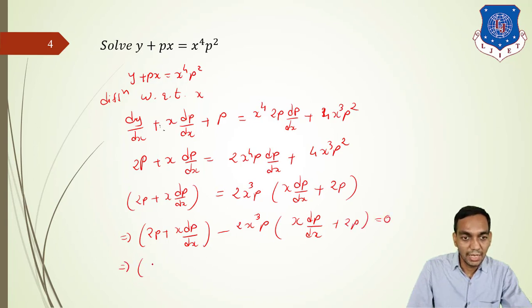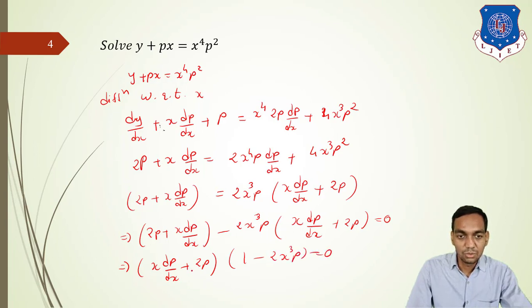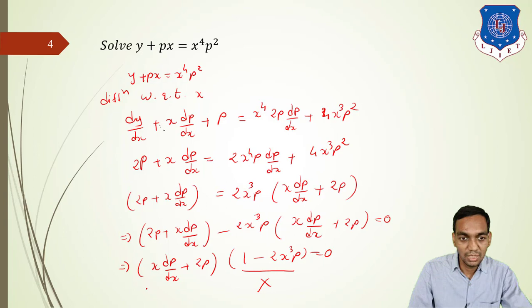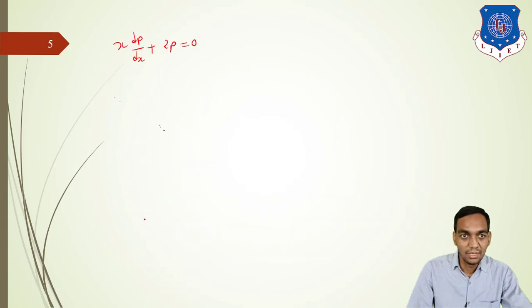So x dp by dx plus 2p into 1 minus 2x cube p is equal to 0. So here you have two factors, but this factor does not have a dp by dx. So we are not going to consider it. So we are only going to take x dp by dx plus 2p is equal to 0.